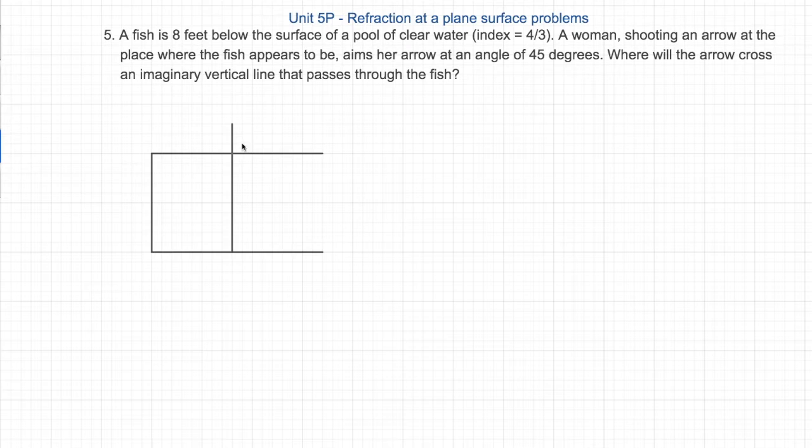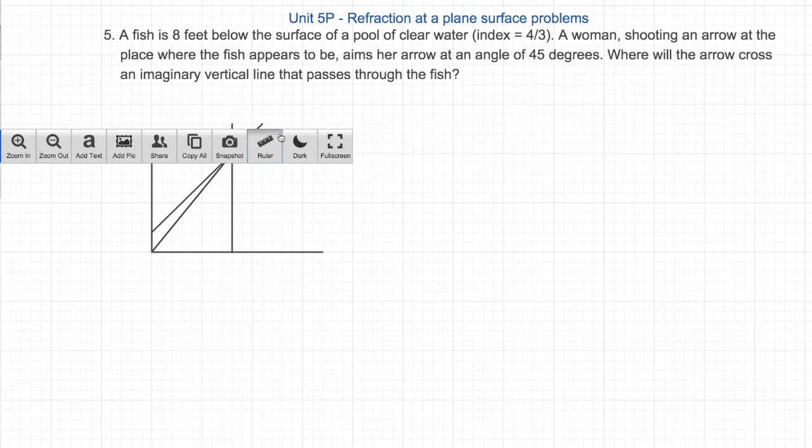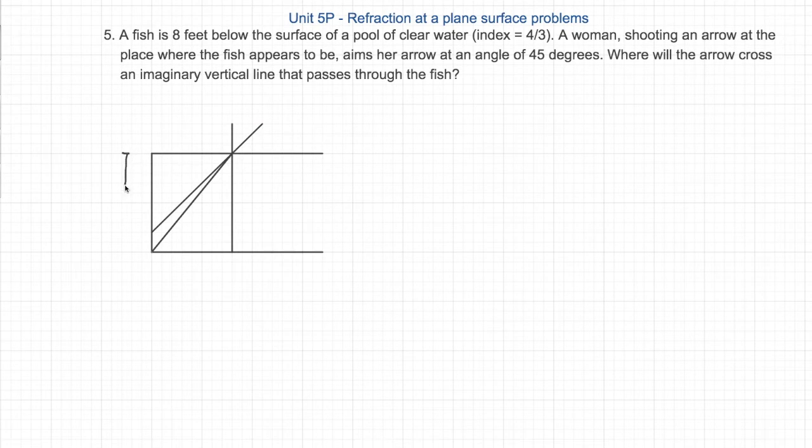We'll extend the normal, and we'll draw our ray at a 45-degree angle to the point on the imaginary line where the fish appears to be and where the arrow is pointing. And this is the ray of light from where the fish actually is in the lower left corner. And then after refraction, it bends away from the normal and goes along that same line corresponding to where the arrow is pointing.